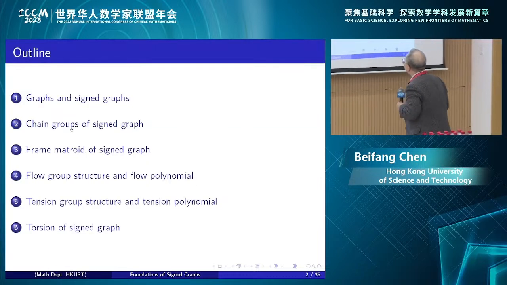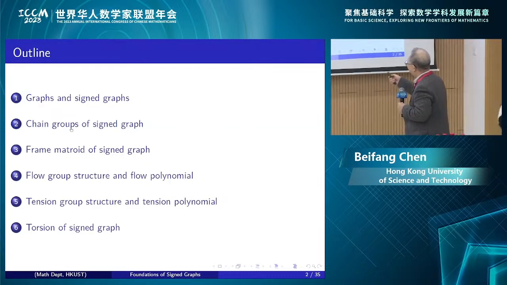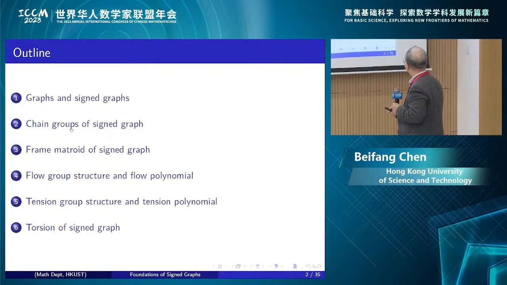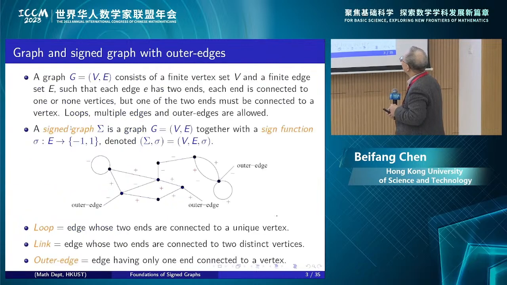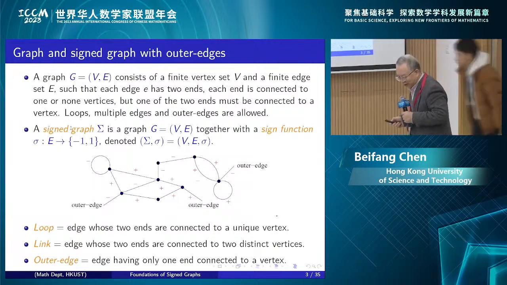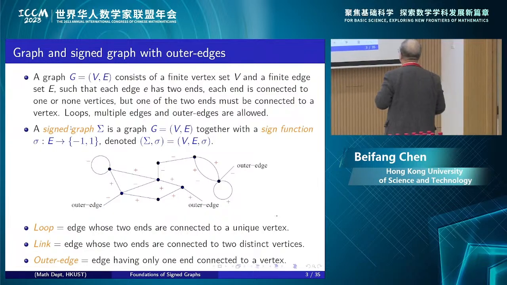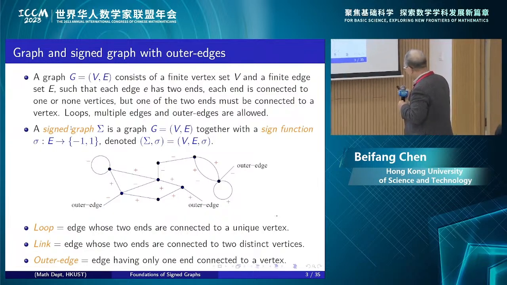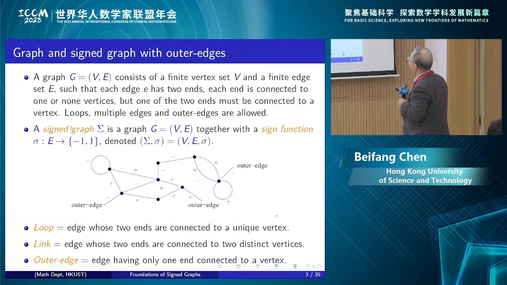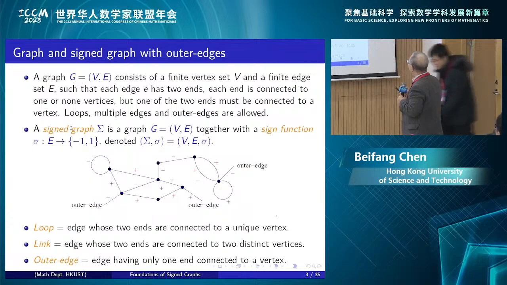We have several topics, but each one is very short. So first, what is the graph here? The graph and the signed graph. Here, I generalize the graph a little bit more. Usually the graph is just a finite set of vertices and edges, and we also assume that.